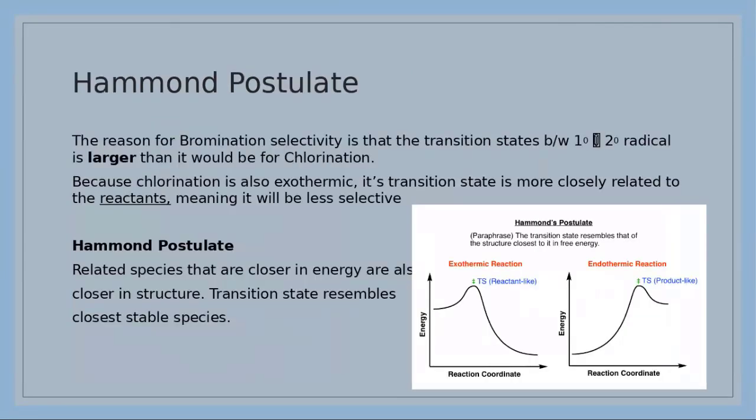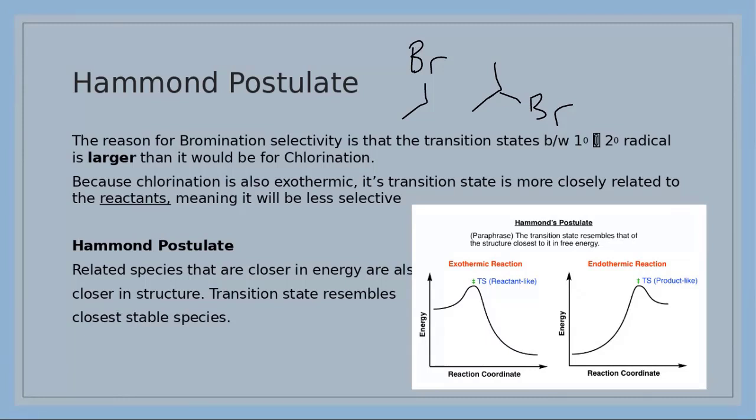But yes, back to the Hammond postulate. Between bromination products, between these two, the energy difference is far greater than for chlorination. Chlorination can say, I'm going to make the left product and also the right product and any other products in between. But bromination is selective.